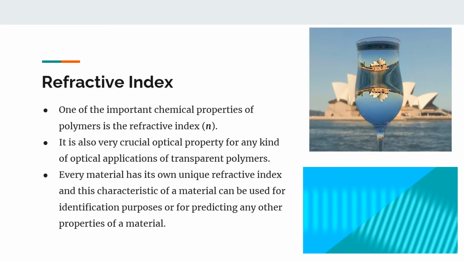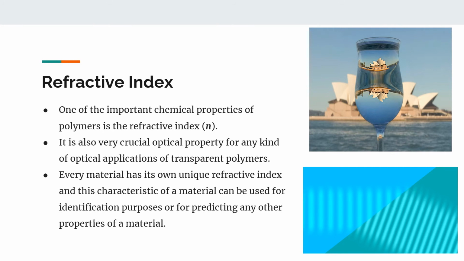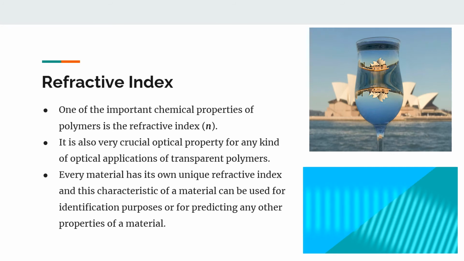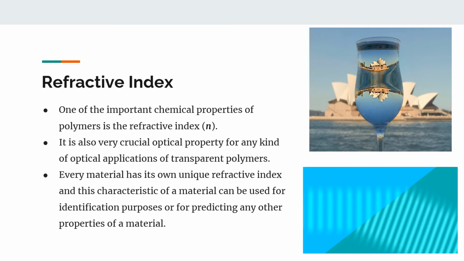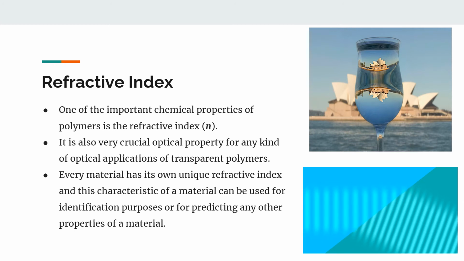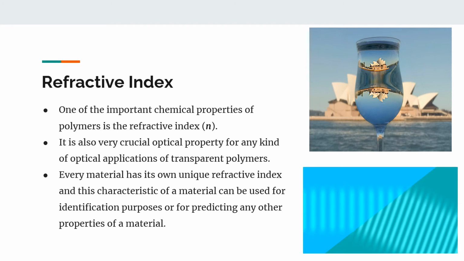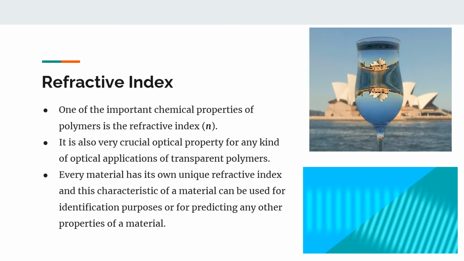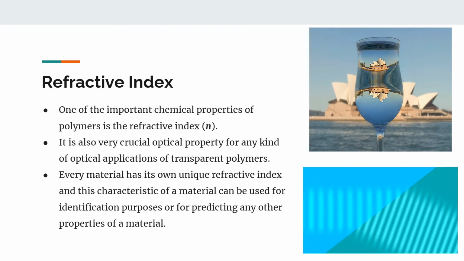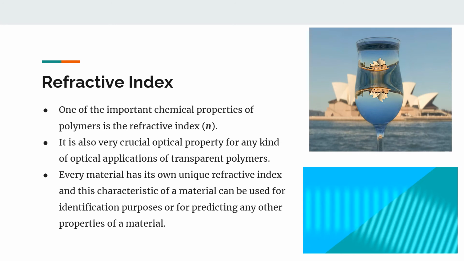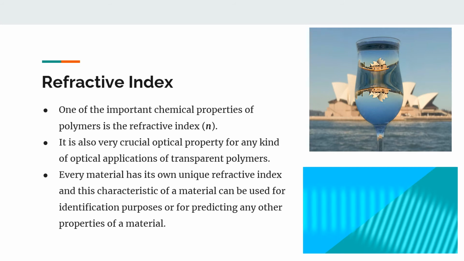The last topic of this presentation is the refractive index. So what is refractive index and why is it so important? One of the most important chemical properties of polymers is the refractive index, and it is denoted by N. It is also a very crucial optical property for any kind of optical applications of transparent polymers.